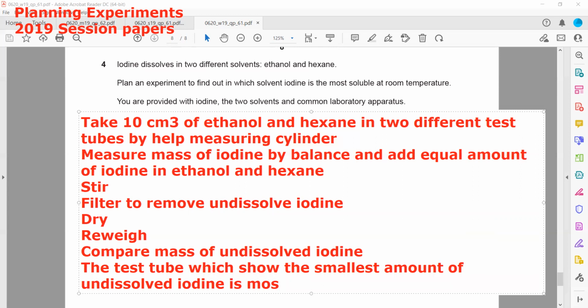The test tube which shows the smallest amount of undissolved iodine shows having more solubility. So that's how we can compare the solubilities of different solvents.